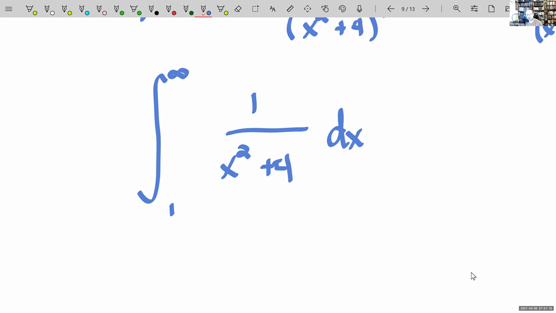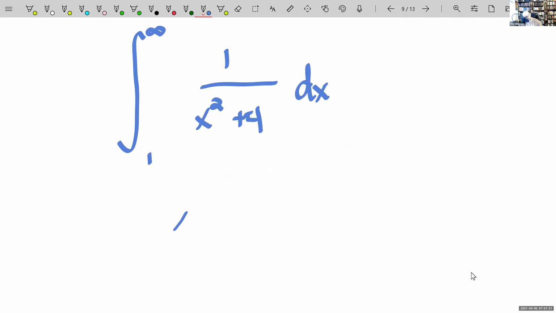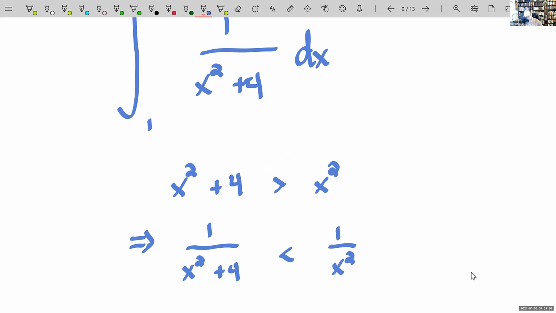You can just either evaluate it, or you can use a comparison, right? You could just say, well, note x squared plus 4 is greater than x squared, and therefore 1 over x squared plus 4 is less than 1 over x squared. And by the way, those are both positive.